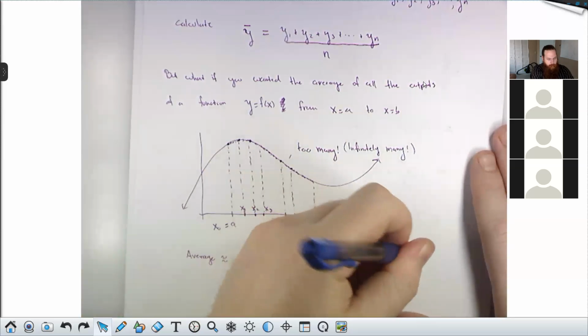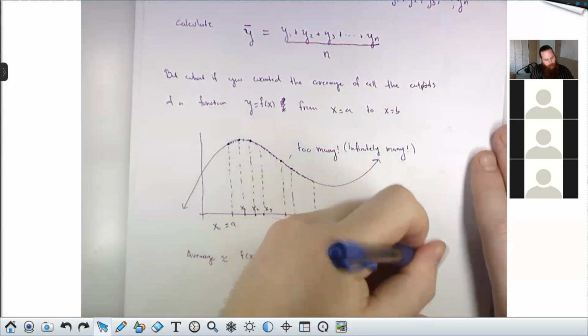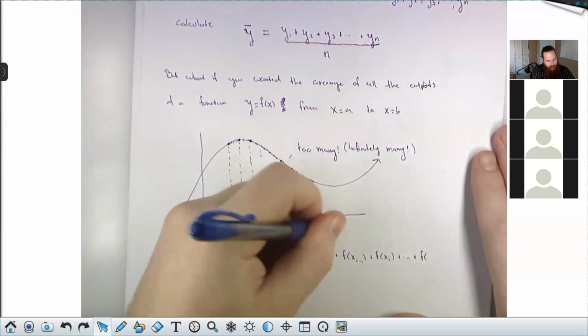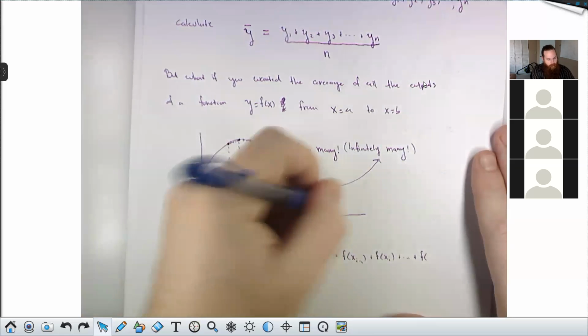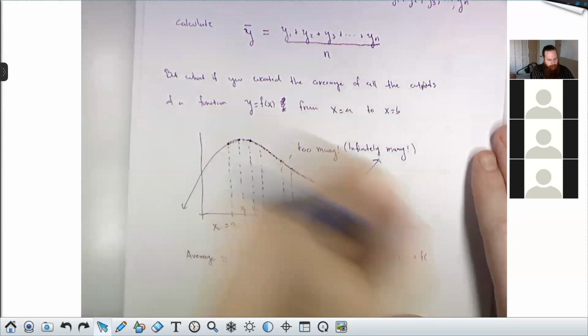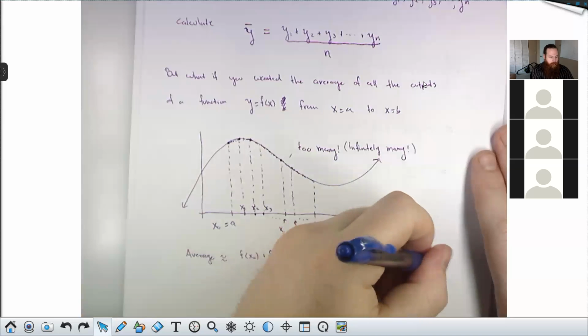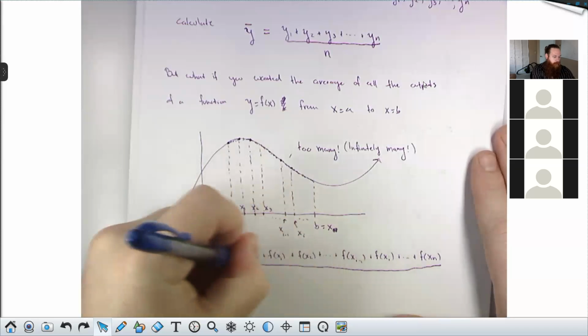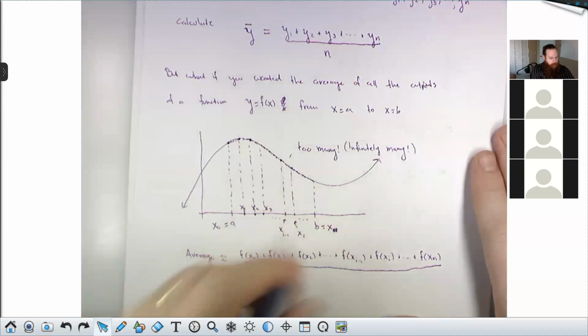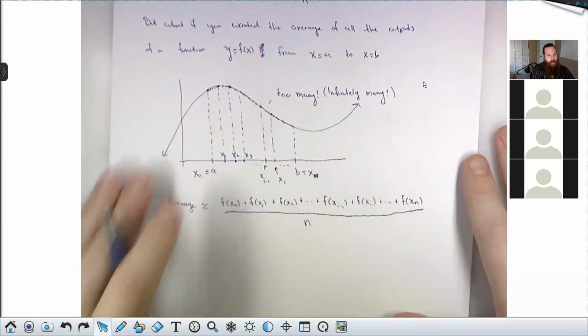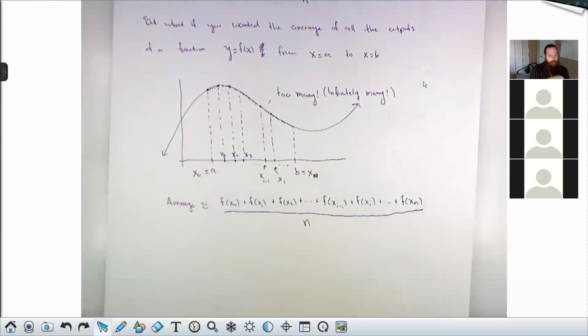And you go all the way out to f of b, which is f of xn. We usually call this guy xn. I think your book uses a lowercase. And then we would divide by the number of things here. And in this case, it's just n. So I've chopped that up into n subintervals.